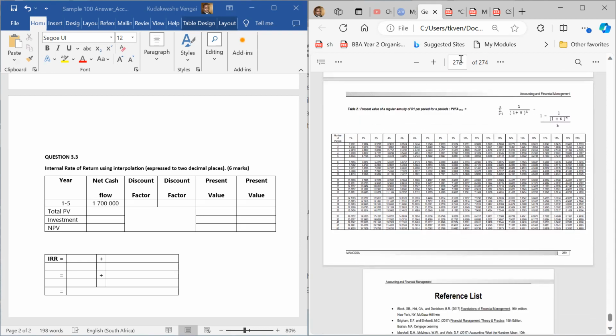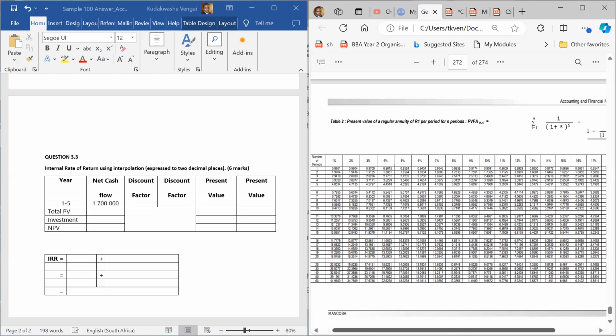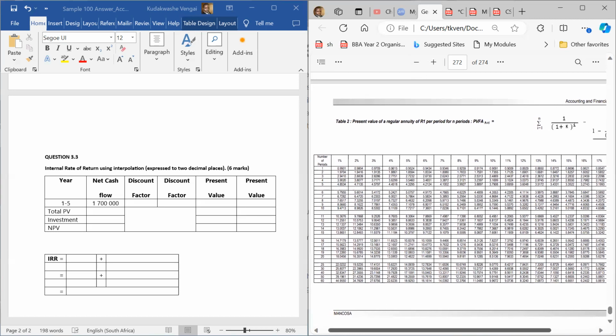That's the one that we're going to use. There's a little trick that we can make use of to make our lives easy for us to find the discount factors.